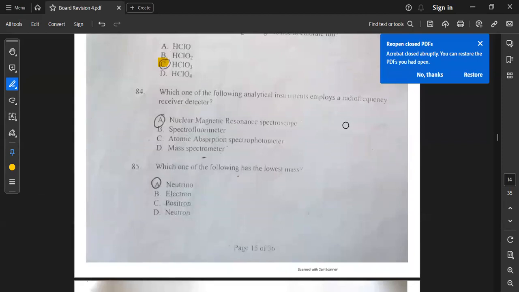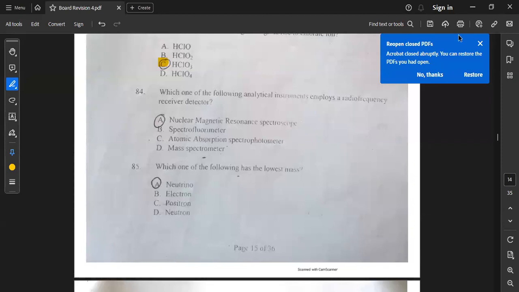Number 84: which one of the following analytical instruments employs a radio frequency receiver detector?